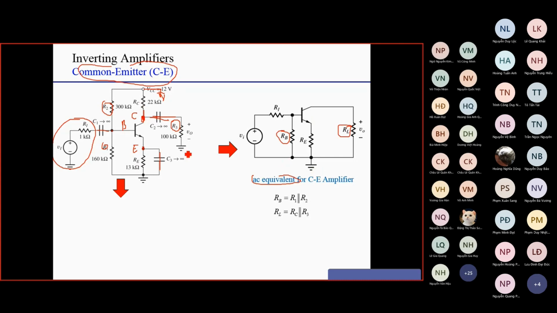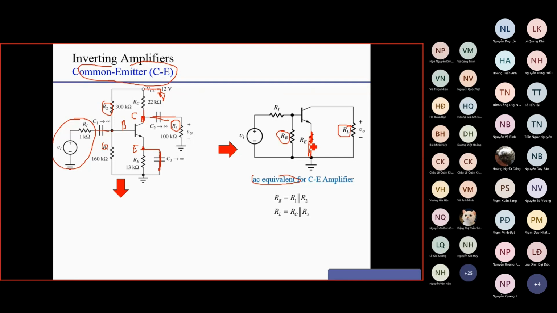Okay, and RE. So RE here in this case, if we have a C3 here, RE is bypassed, so the emitter is connected directly to the ground. For a simpler configuration, we don't have a C3 here at all, so that means RE is still present here.